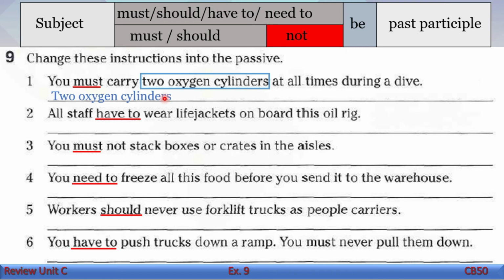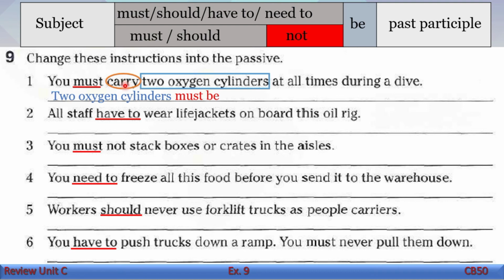And then we need our modal followed by be. So we have must be. Next, the past participle of the main verb. And what is the main verb? It is carry.